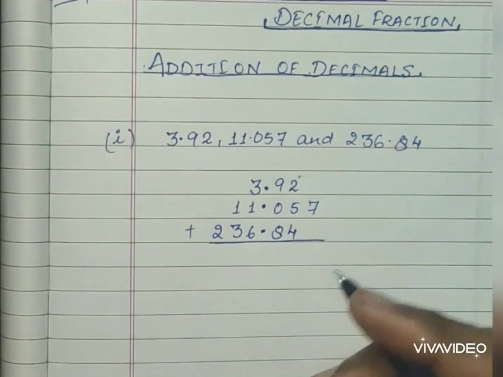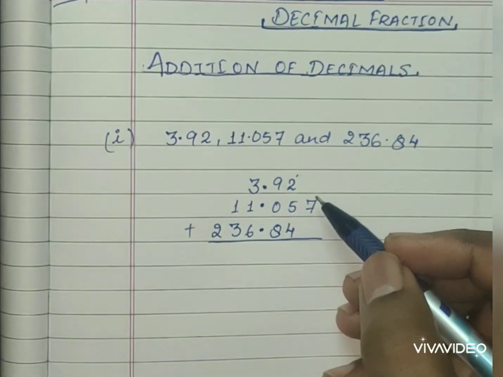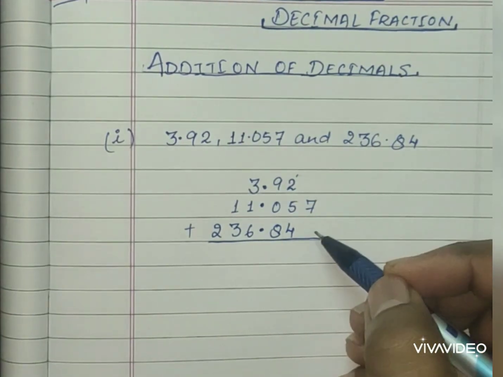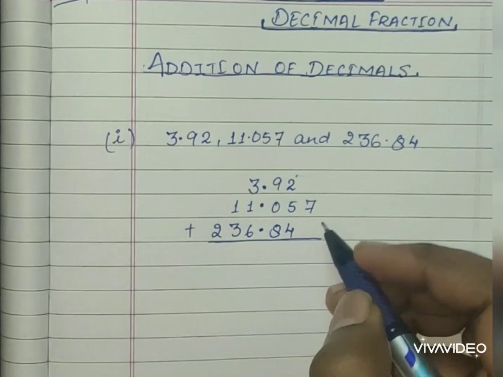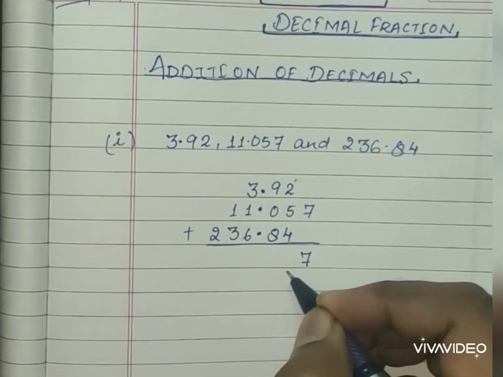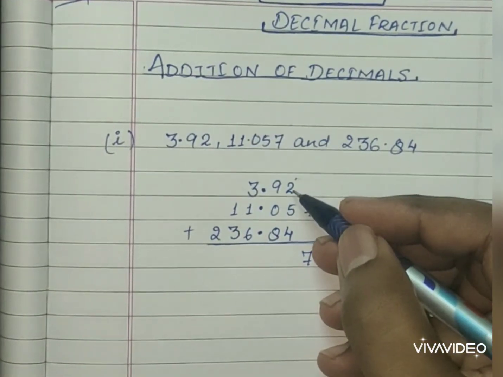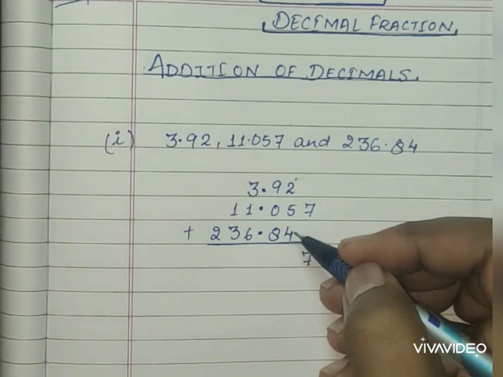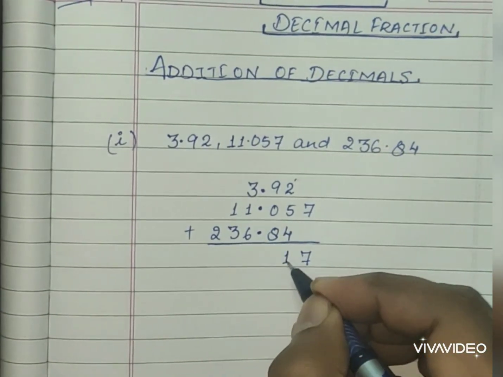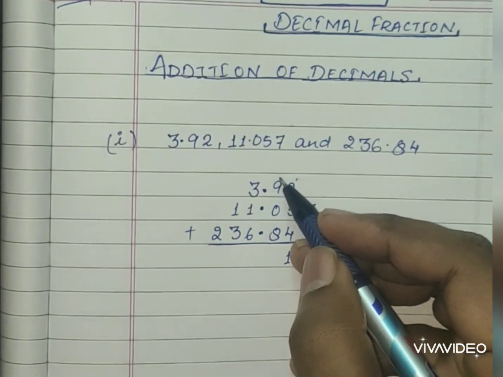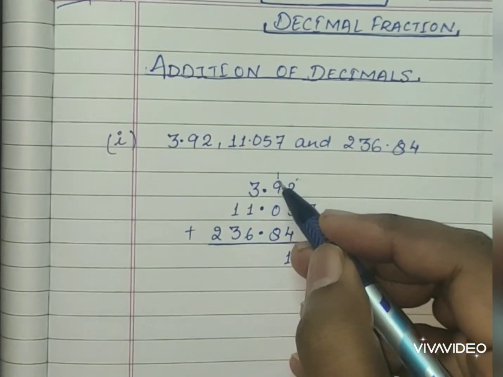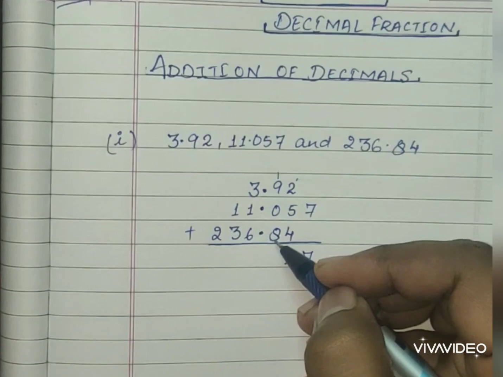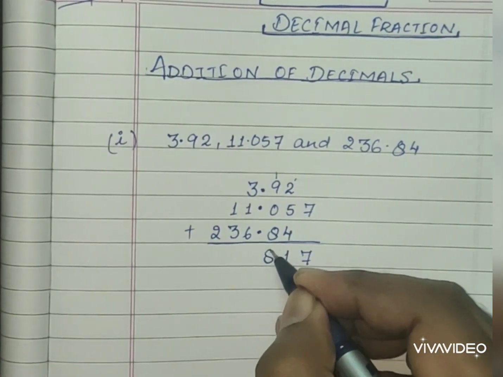So let's start with addition. We will start with ones from the back side. There is nothing, so 7 will be copied as it is. Now 2 plus 5, 7, 7 plus 4, 11. 1 will be carried over here. So this will come 10 and plus 8, 18.